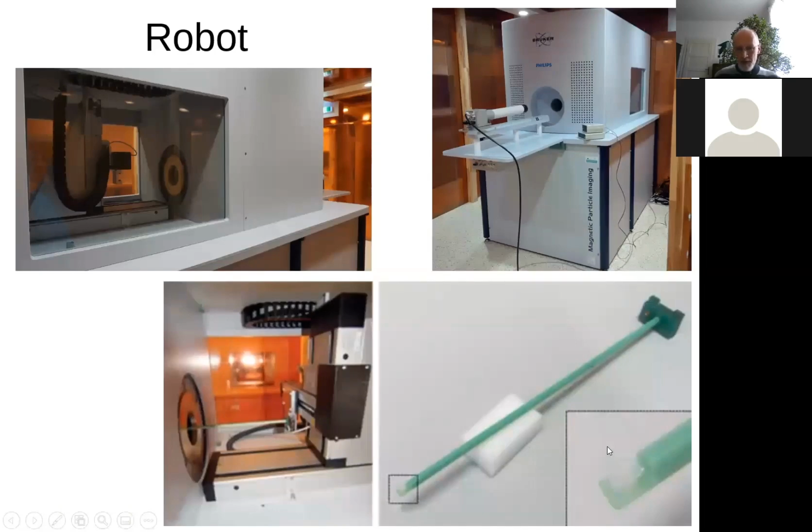So here we place a small test tube with exactly defined size with the sample of nanoparticles, and this robot moves the sample in the magnet and scans the space for the calibration.